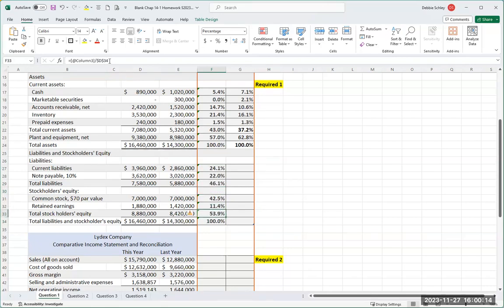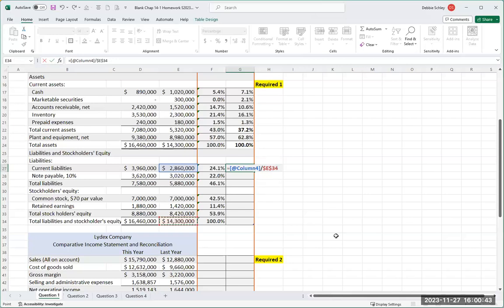Okay. So each one is just the number, for example total stockholders' equity this year, divided by the total liabilities and stockholders' equity for this year. And I believe you're supposed to round to 1 decimal point in a percentage. So last year would be last year's current liabilities divided by last year's total liabilities and stockholders' equity.